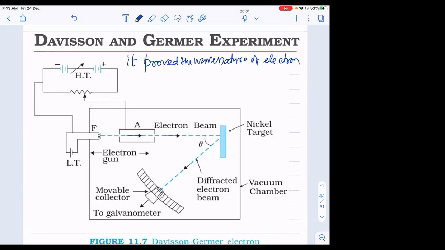Sudden peak is obtained in the constructive interference. Constructive interference किस में होता है? Wave में होता है. Certain voltage पर और एक certain potential difference पर and एक certain angle पर उनको sudden peak मिल रही थी. Sudden increase in the intensity. So sudden increase in the intensity is possible in constructive interference between the waves.